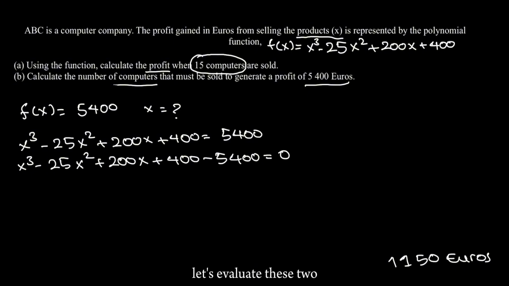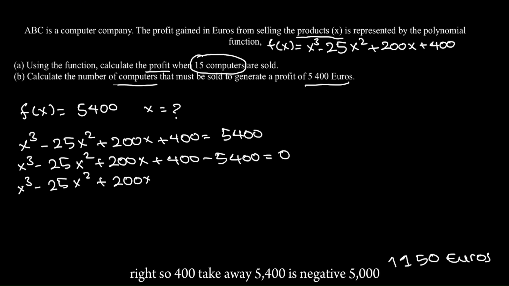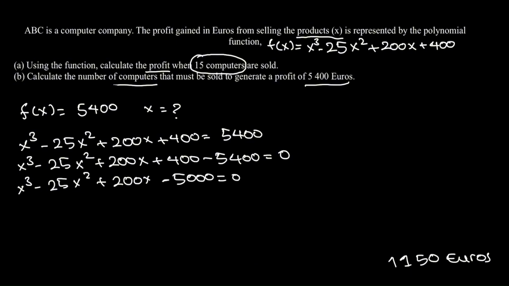Let's evaluate these two. Right, so 400 take away 5,400 is negative 5,000. And now we solve for x.